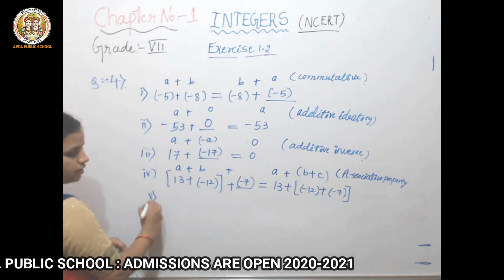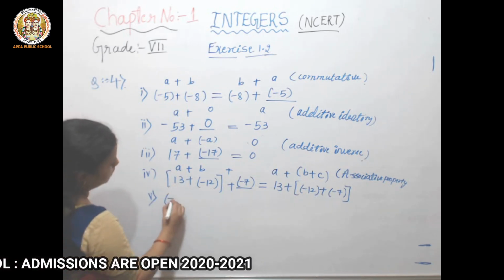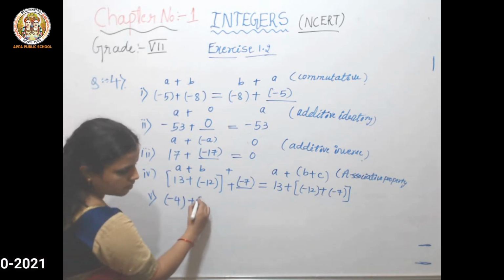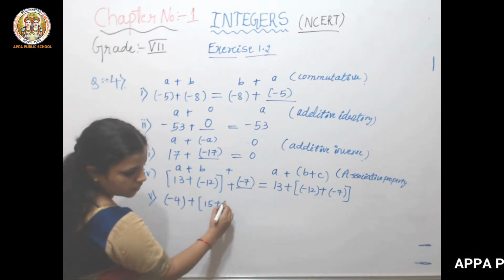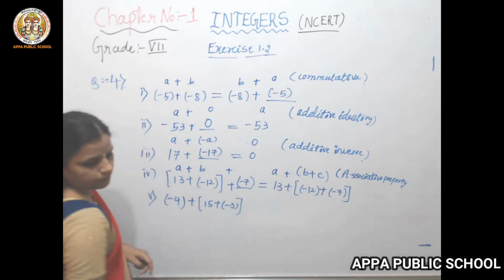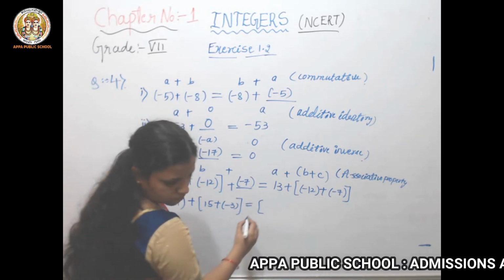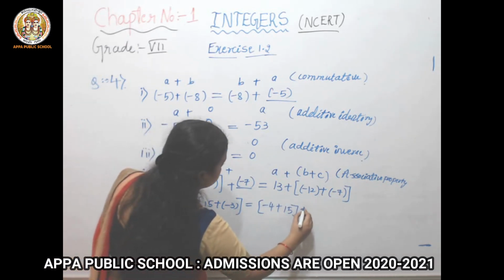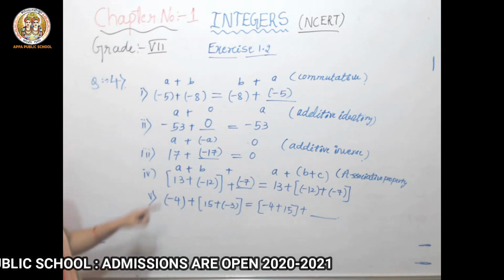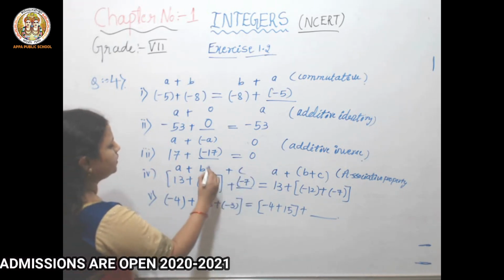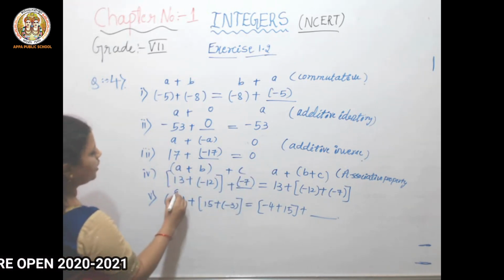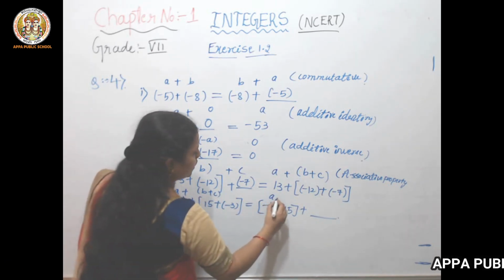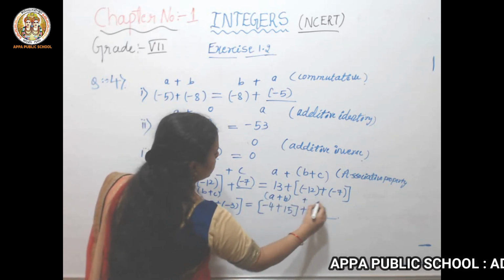The last one is the fifth one, the last problem of this exercise: minus 4 plus 15 plus minus 3 is equal to minus 4 plus 15 plus a blank. This is also the same as the previous one, a plus b plus c. What should be here? c.